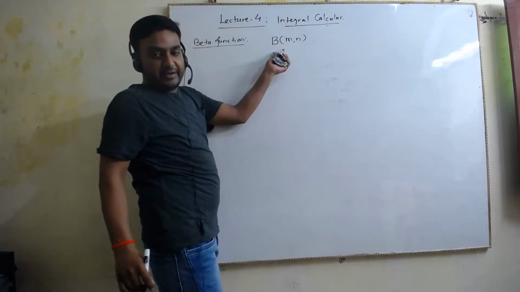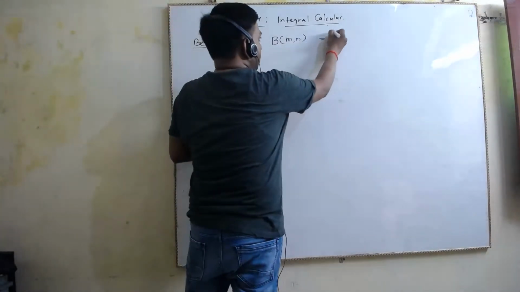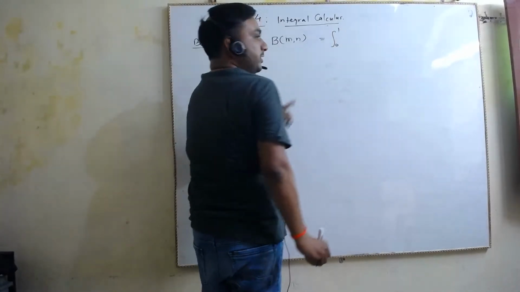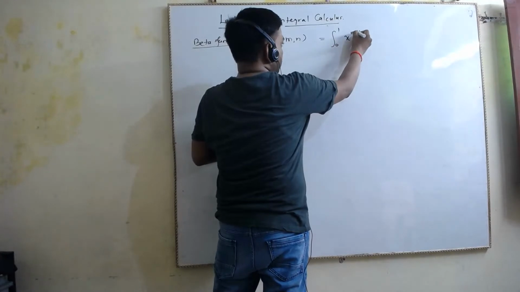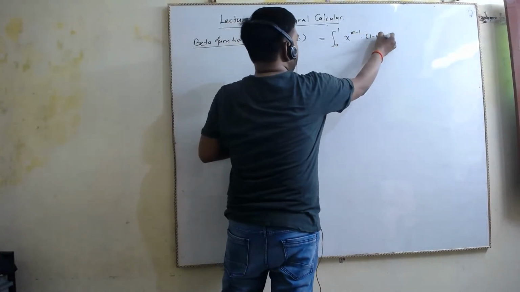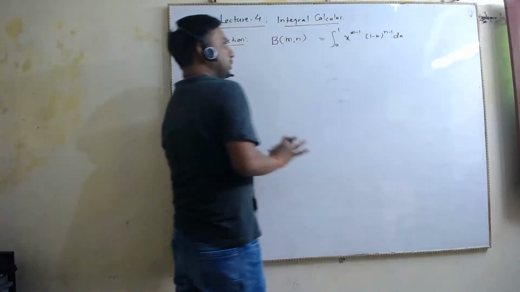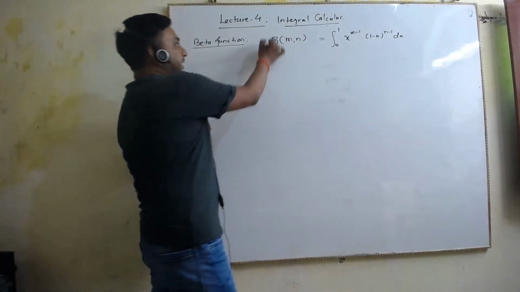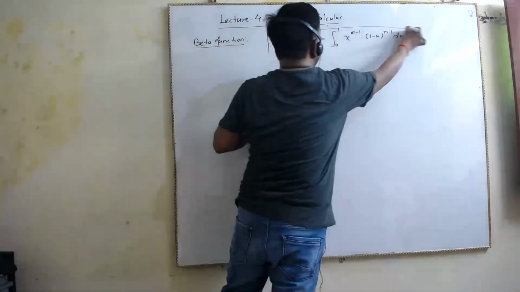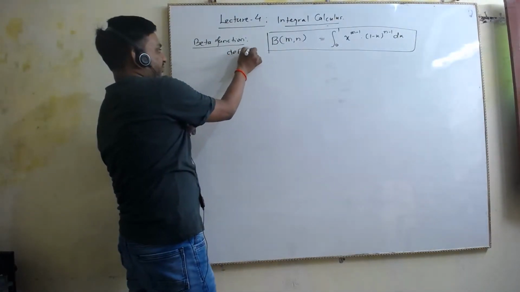And this is nothing but the integral from 0 to 1 of x raised to the power m minus 1 into 1 minus x raised to the power n minus 1 into dx. So this is the definition of the beta function. Please do remember it.